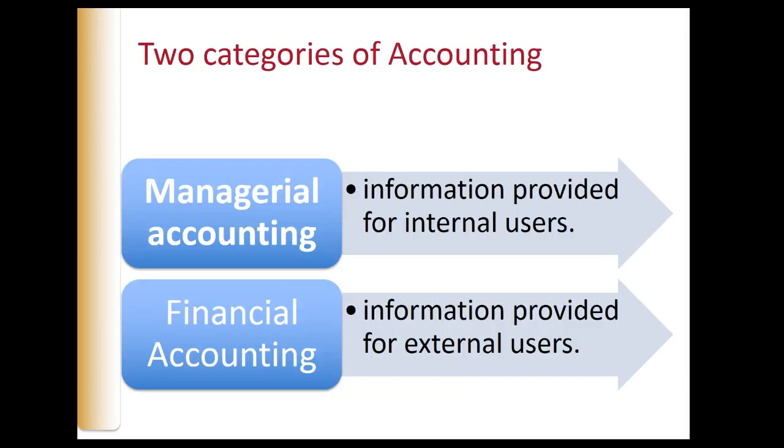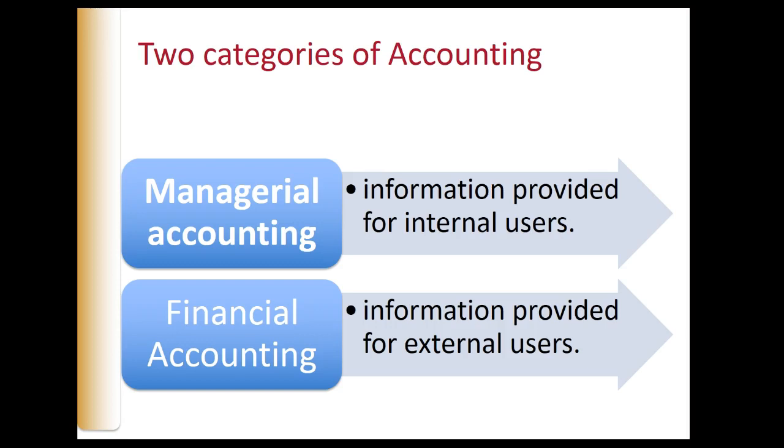In accounting, we focus on two aspects. One aspect is called managerial accounting, and this course deals with financial accounting. Managerial accounting is information we provide to internal users. So it is the same process. We measure and we communicate, but it's for the purpose of the internal users to make decisions for the well-being of the company.